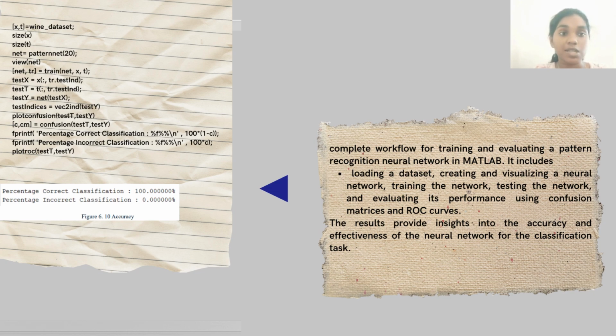So the results provide insights into the accuracy and effectiveness of the neural network for the classification task. The results are shown in the findings and results section. Below that it shows the percentage of correct classification, 100%, and incorrect is 0%.